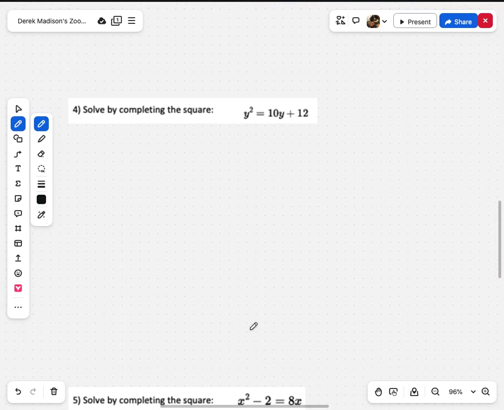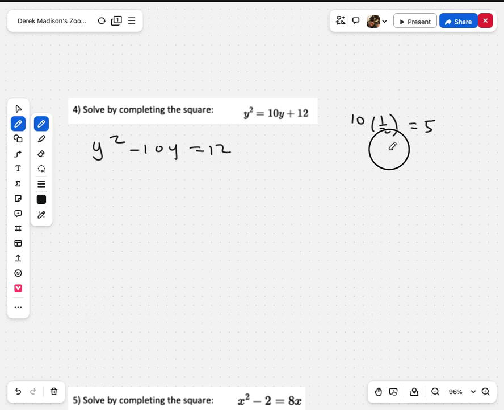And that's it. So now we're just going to do a couple more examples and kind of get into the flow of it. So we got y squared. I'm going to bring the 10y over so that the terms with the y are on one side, the constants on the other. We'll go half of 10 is 5, and then 5 squared will be 25.